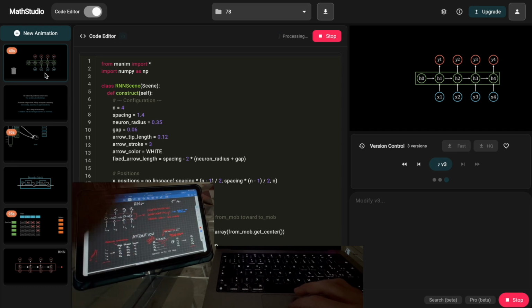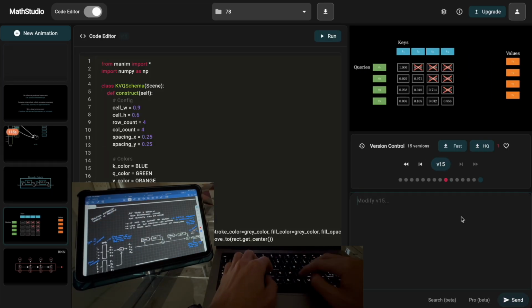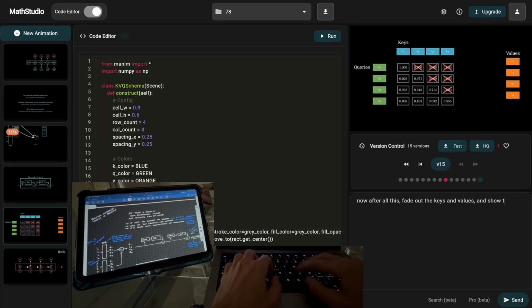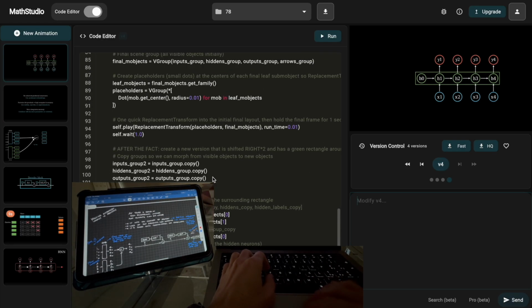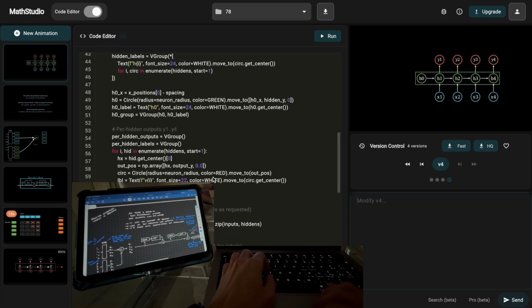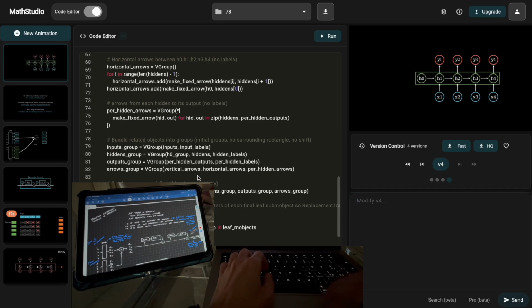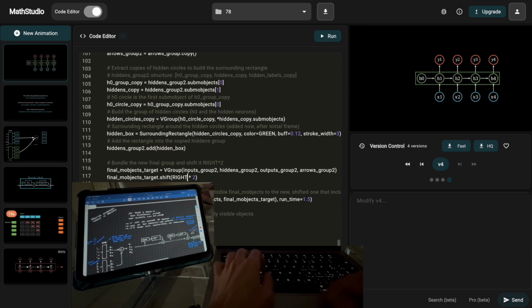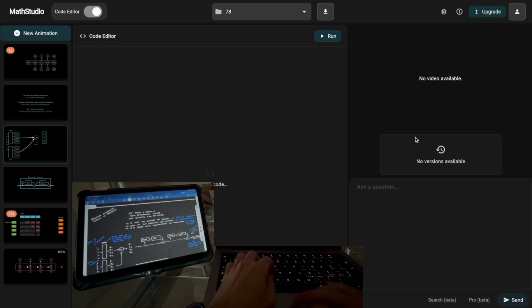Okay, which is... Okay, it's moving it to the right, but I wanted it left. I don't remember if I told it wrong or it's doing it wrong. It's here. It's probably fixed.